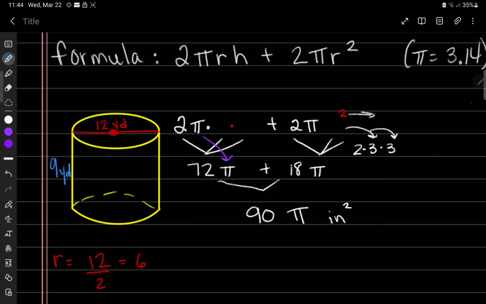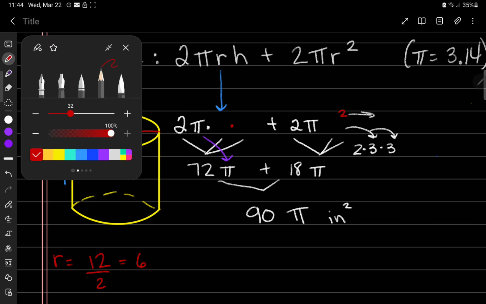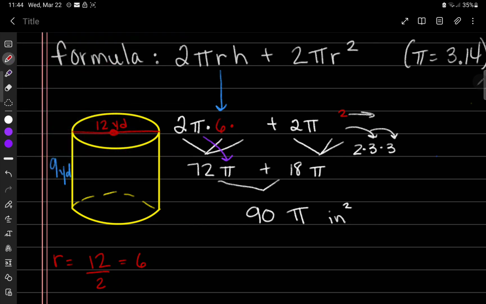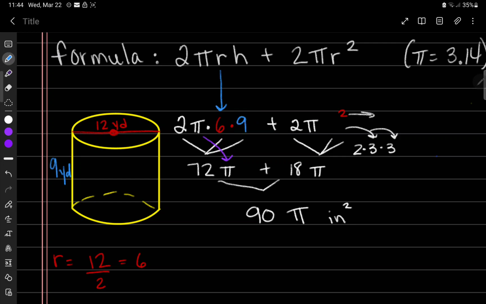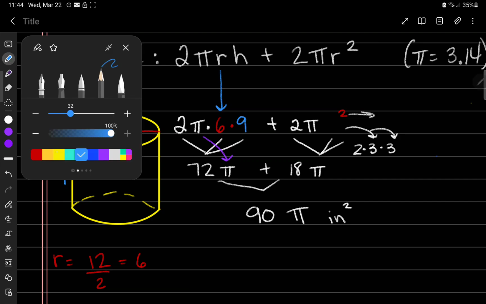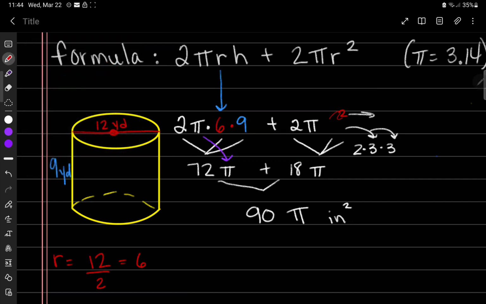So our radius is 6. I think I was writing these backwards, but the answers are still the same. The height is 9. And then r squared is 6 squared.